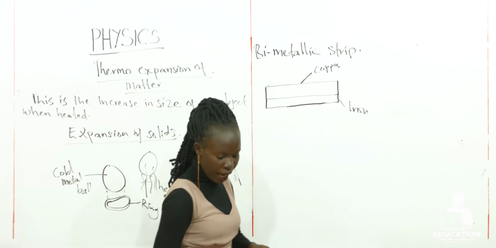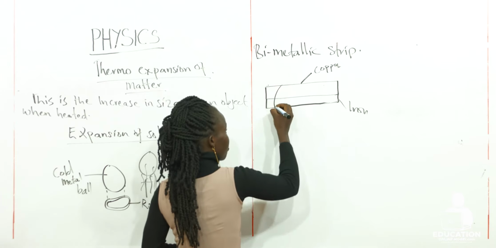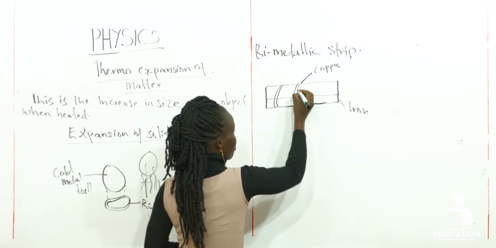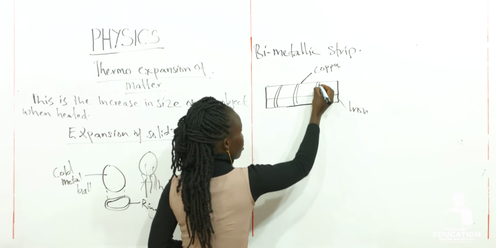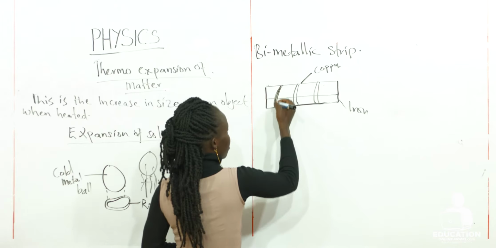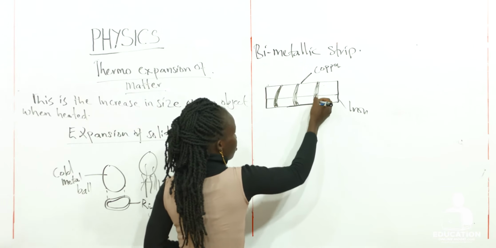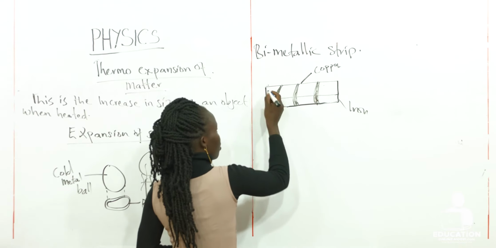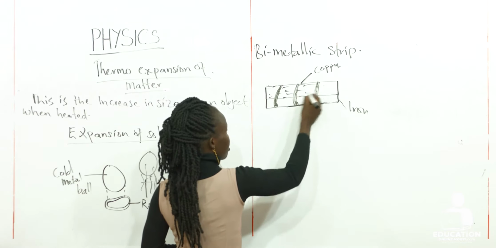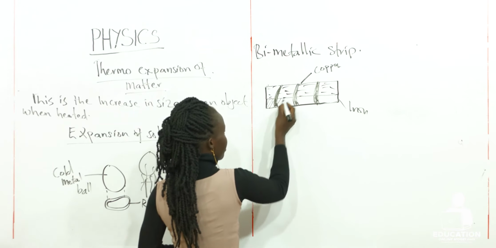So we want to tie these two together. So when you tie them like this, is just the rope. So this is our copper, and then this is our iron.